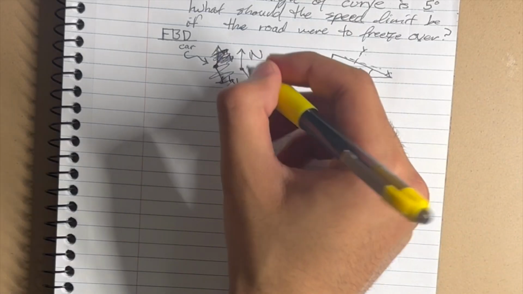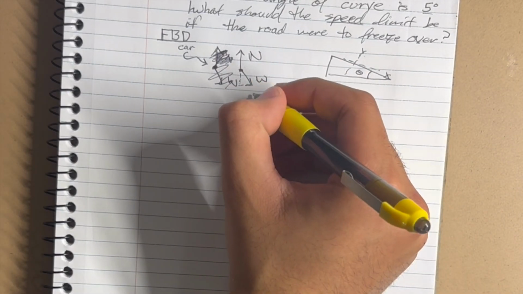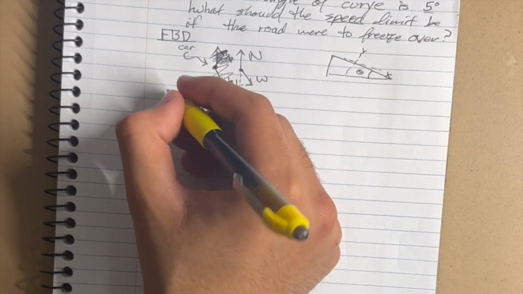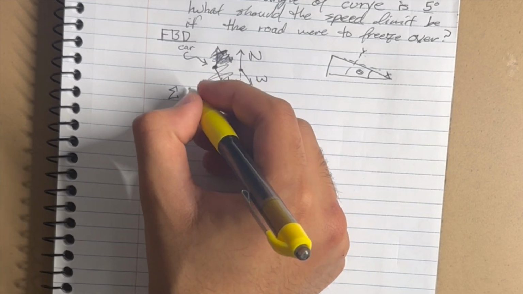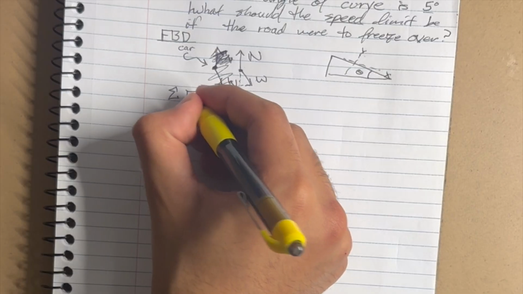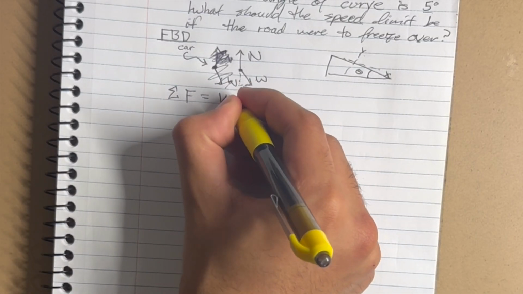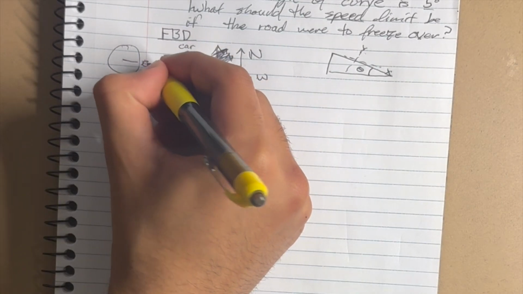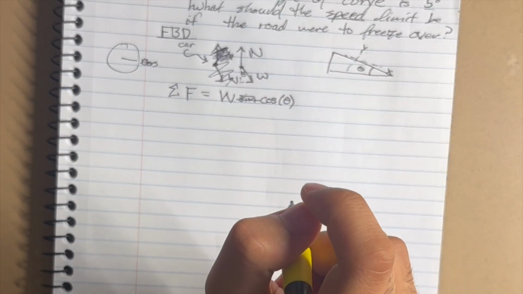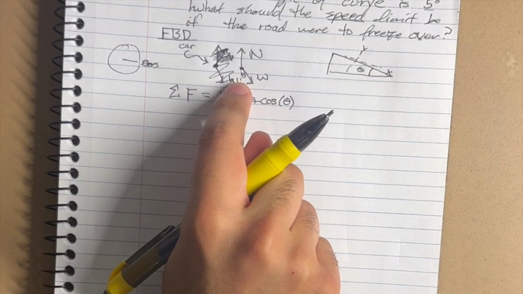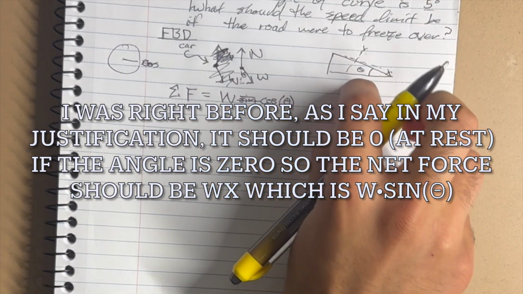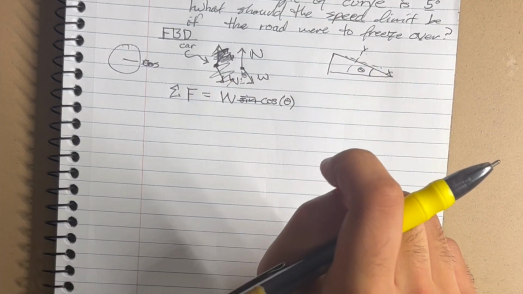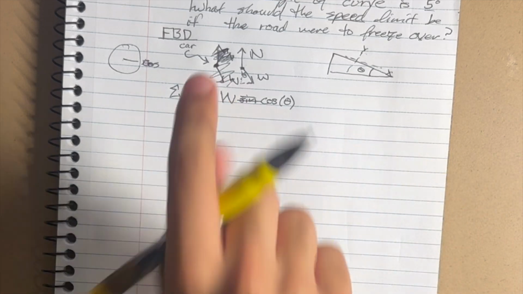Okay, so we can take the component of our vector, and we're going to say that the total net force is the weight force times cosine. We know it's this because if it's flat against the floor, this angle would be 0, so these are the same thetas.